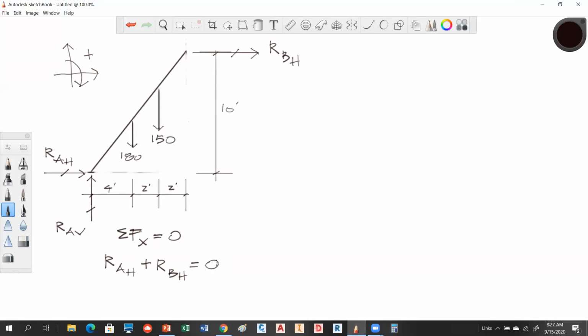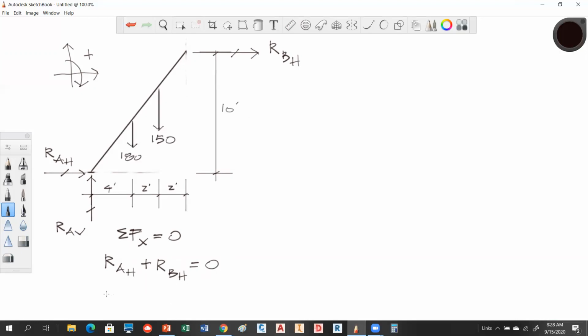Can you guys see a problem here? Anybody? In order for this to equal 0, they either both have to equal 0, which is impossible, or one of them has to be negative. Everybody see that?